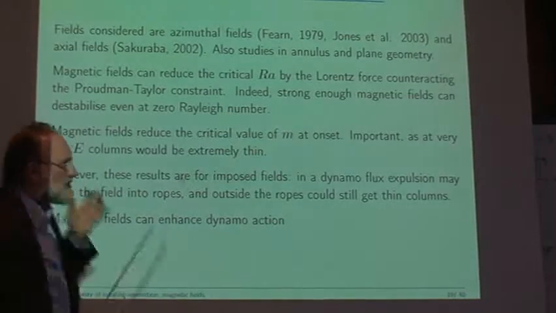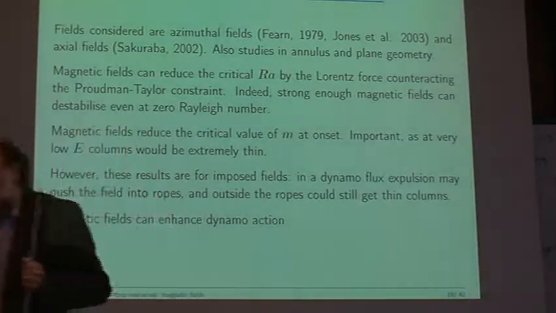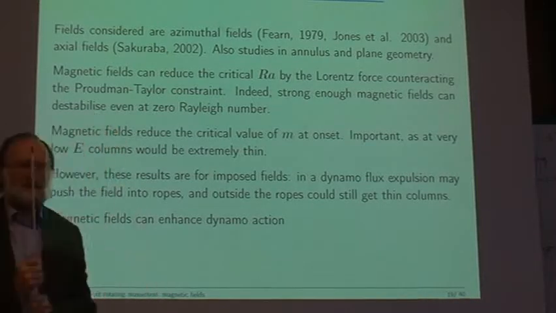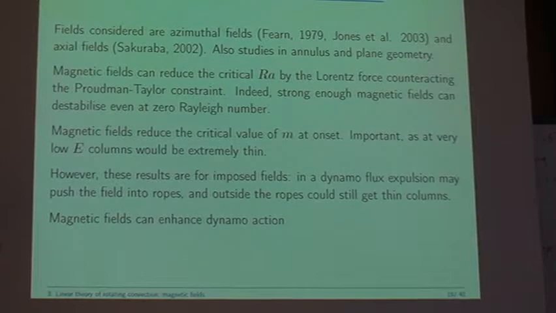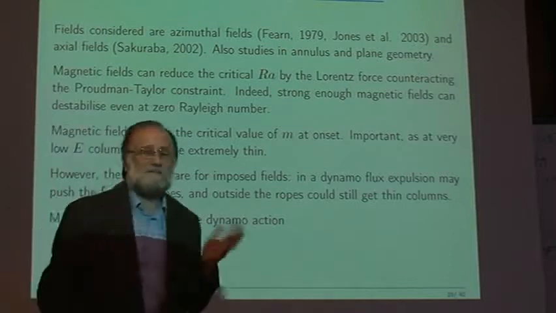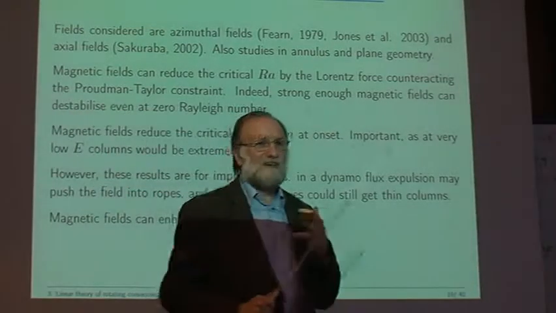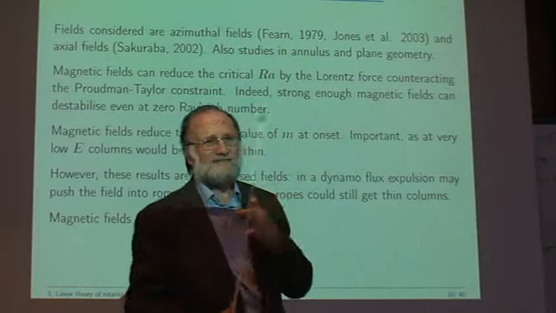So by and large, it's fair to say that when Proudman produced his famous paper saying that slow, steady motions in a rapidly rotating fluid would have to be columnar, that is to say independent of z, I don't think anybody believed him. And indeed, if you read Taylor's paper, Proudman was 1917, Taylor's paper was 1923, it's quite clear that even G.I. Taylor started out from the position of wanting to see why this crazy theory is wrong.